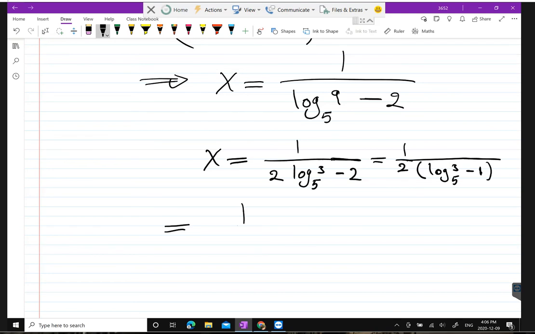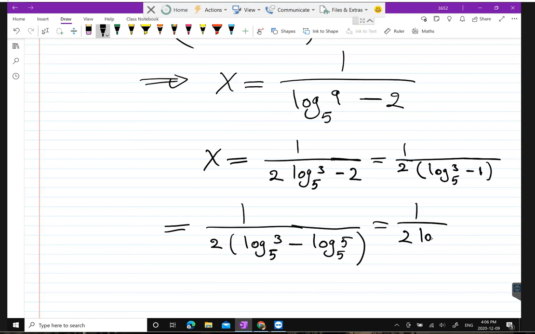But I will go through some more simplification. It is 2 logarithm of 3 base 5 minus, instead of 1, I can say logarithm of 5 base 5. And now I can say it is 1 over 2 logarithm of 3 over 5, base 5.